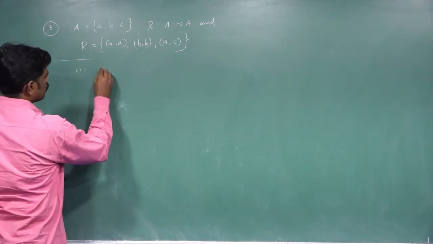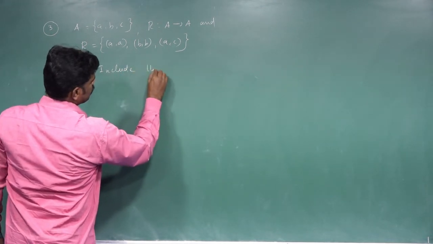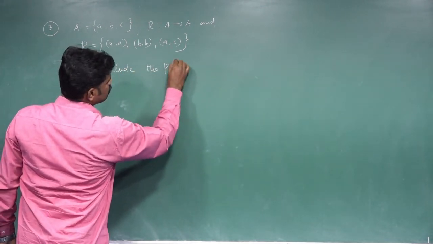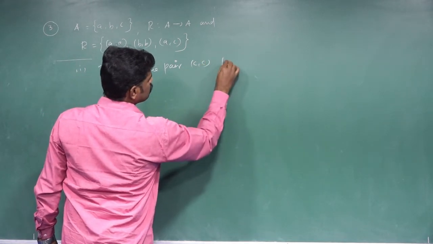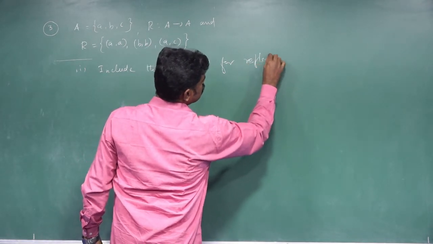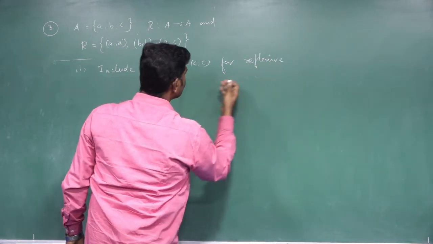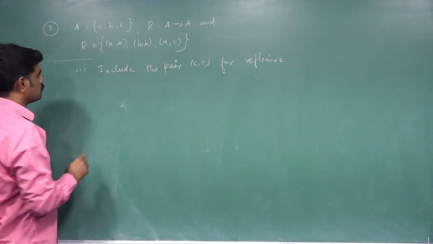Include the pair (c,c) for reflexive. So if we include the pair in this relation, then it automatically becomes reflexive.